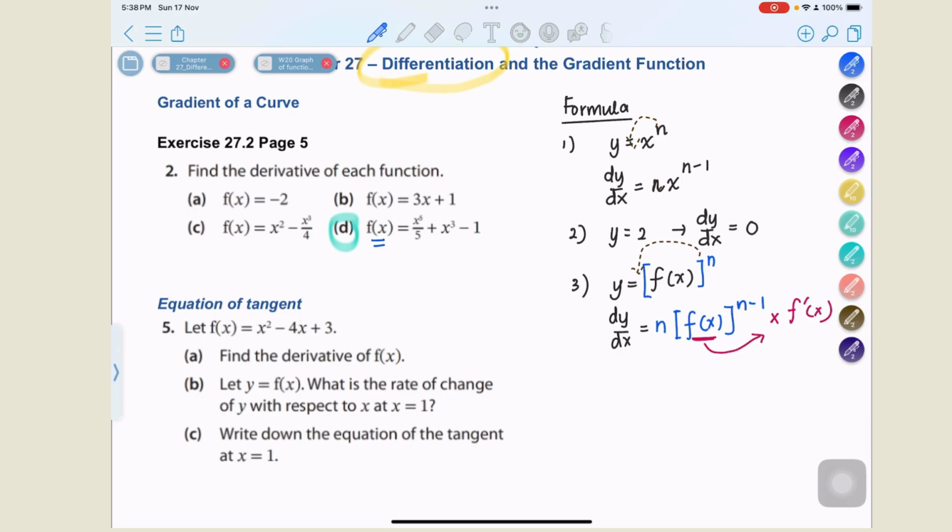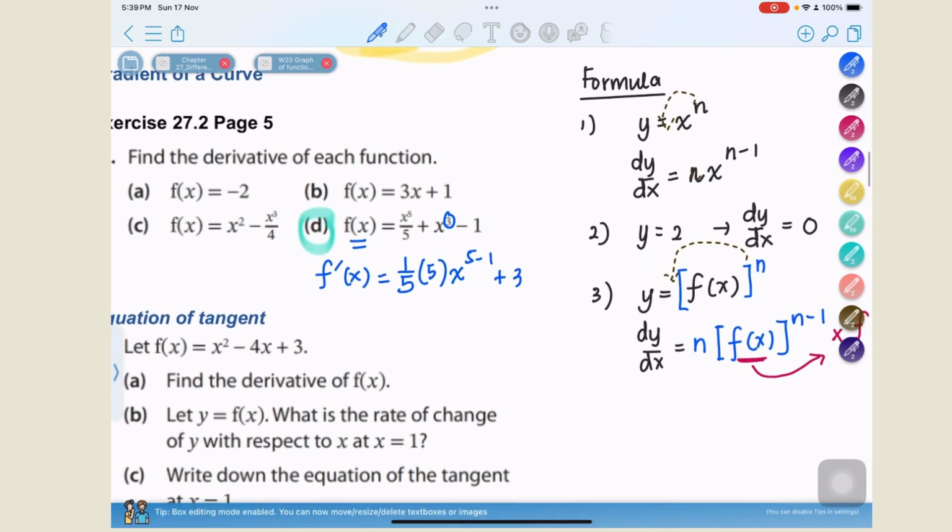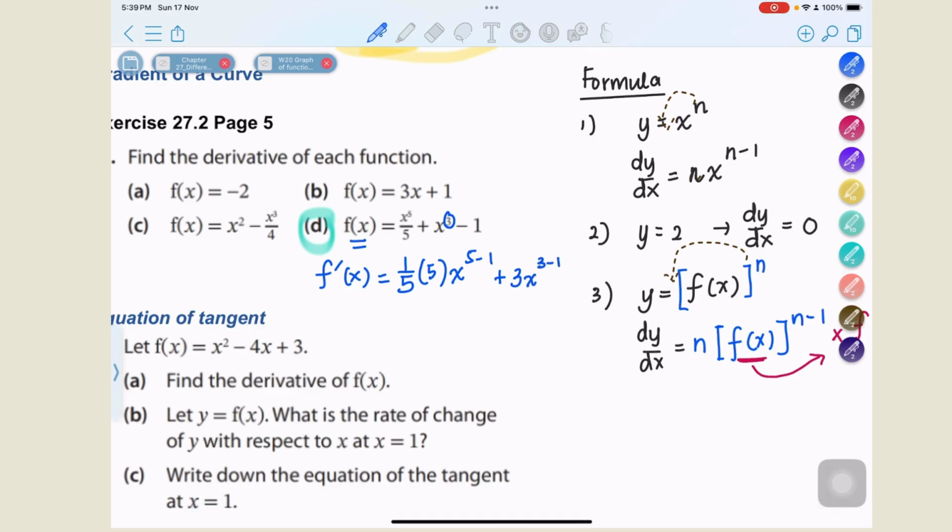So what we need to do, when we differentiate, we put f prime x. First of all, I have x to the power of 5 over 5. So I take out 1 over 5 first, drop down my power 5, write back my x and reduce my power of x to 4. If you cannot get it, maybe you can write 5 minus 1. Plus the next term, also the same: we drop down the power of 3, write back x and reduce the power 3 to 1.